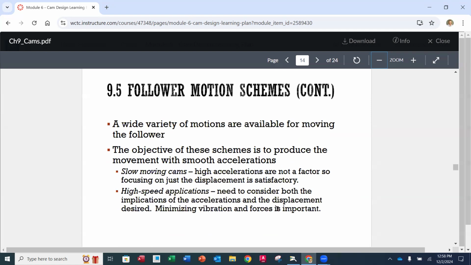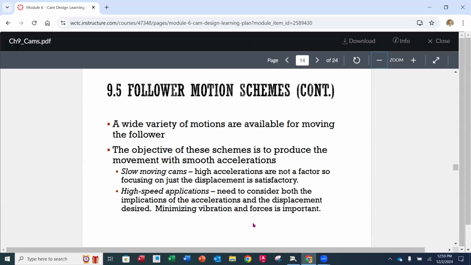Now let's look at different follower motion schemes. There's a lot of different motion schemes that are available for the follower. The objective of these schemes is to produce movement of the follower that is nice and smooth, and that means being aware of the accelerations that we have. Slow moving cams mean that you can use high accelerations because they are not going to adversely affect the motion.